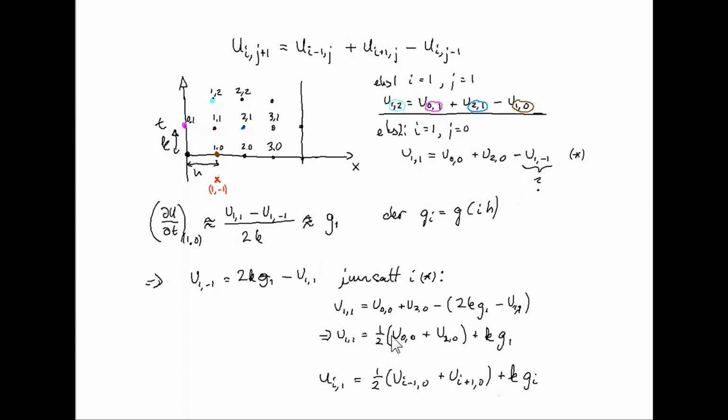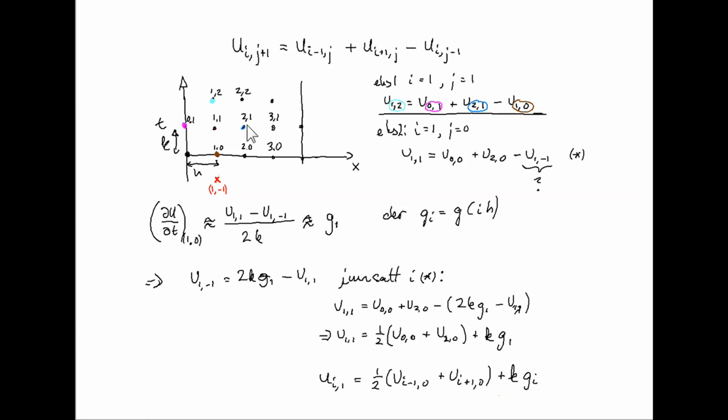It will be exactly as above, written in this way, only that the first coordinate is replaced by i minus 1. So this equation can be used for all these points.